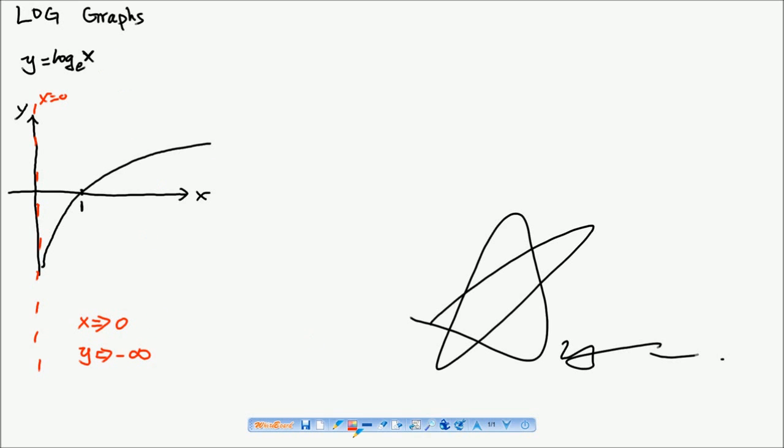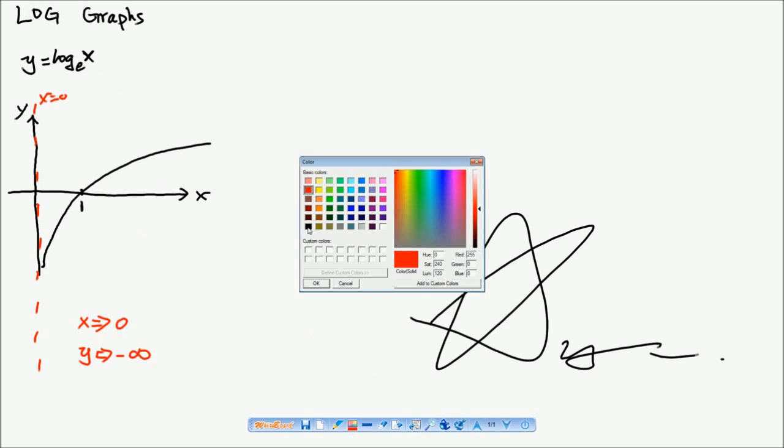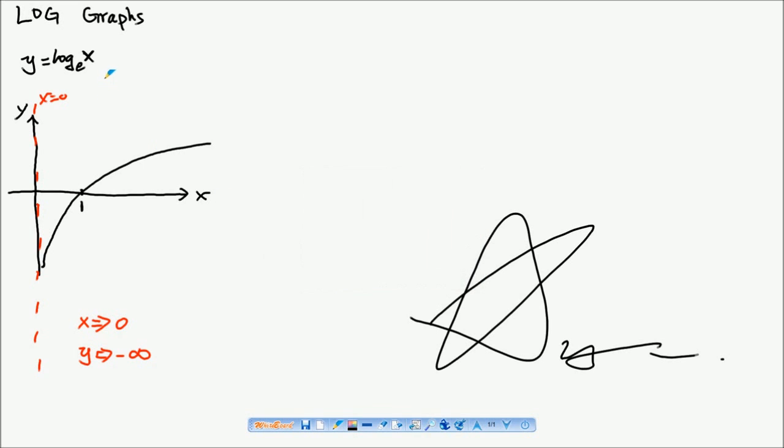The domain of the standard log graph is x belongs to all the positive values, from 0 to positive infinity, or I can just label it x belongs to R plus, all the positive real values. There are two ways to label it.